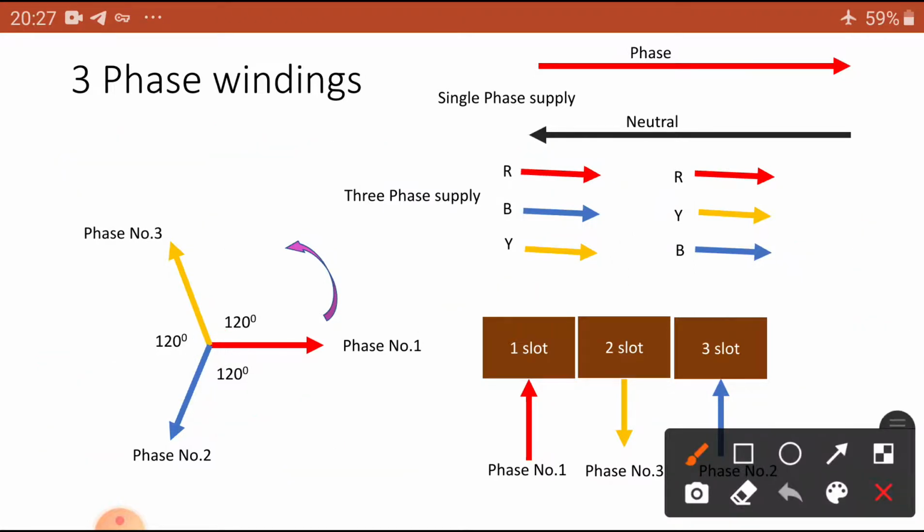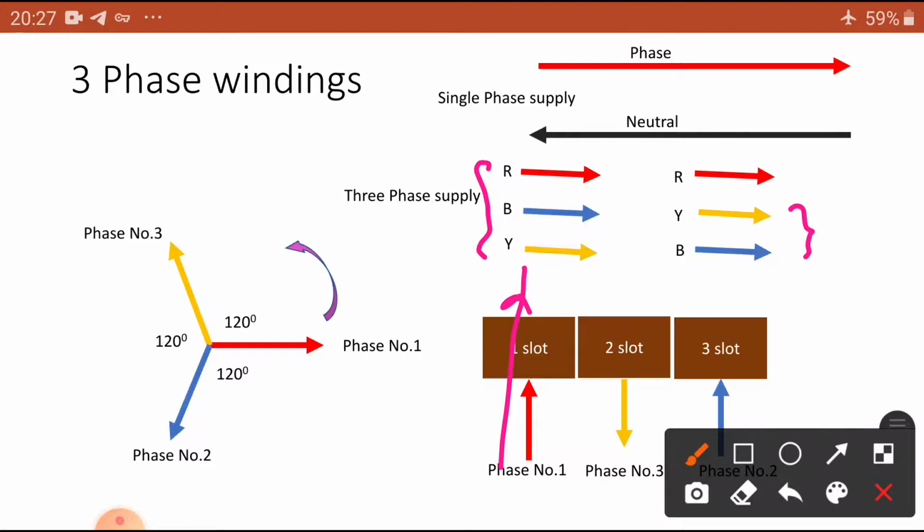As usual, this is the normal phase sequence. To create 120 degrees apart among the 3 phases, I exchanged the B and Y phases, you can see here. That means in the first slot phase 1 entered the coil here, and in the third slot we are going to the second slot.